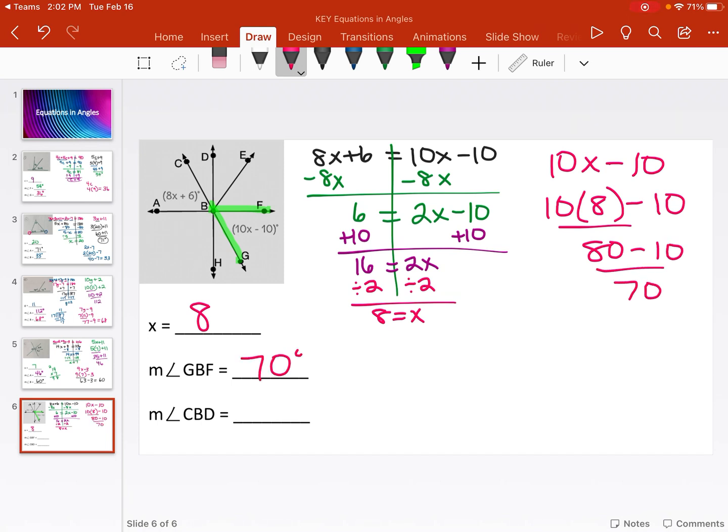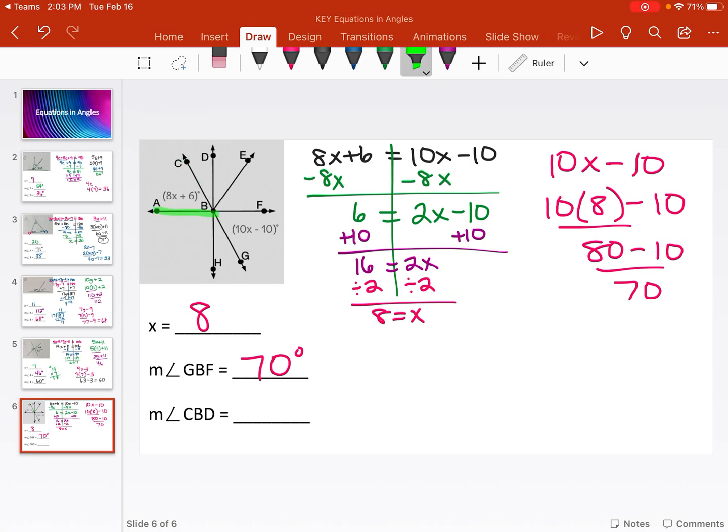So this is 70 degrees. In theory, when I find CBA, that should be equal to GBF. Those should be equal, right? So when I look here at CBD, how am I going to figure that out?